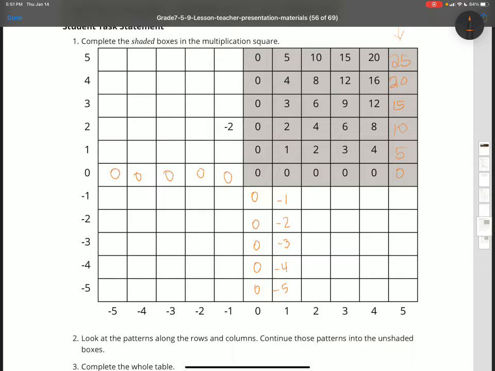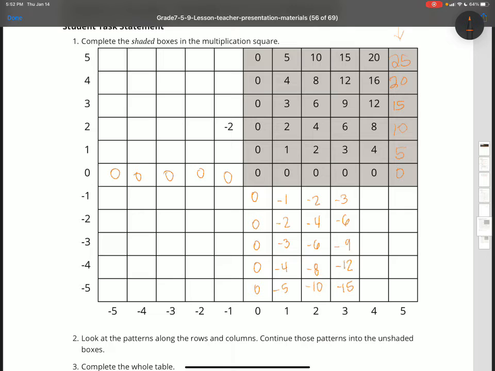So let's keep the same pattern going. So it'll be -2, -4, -6, -8, -10. All right. And then it's going to be -3, -6, -9, -12, -15.